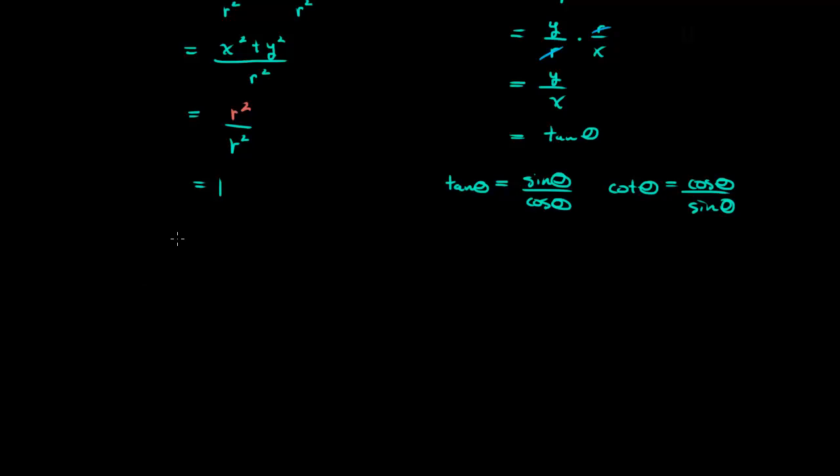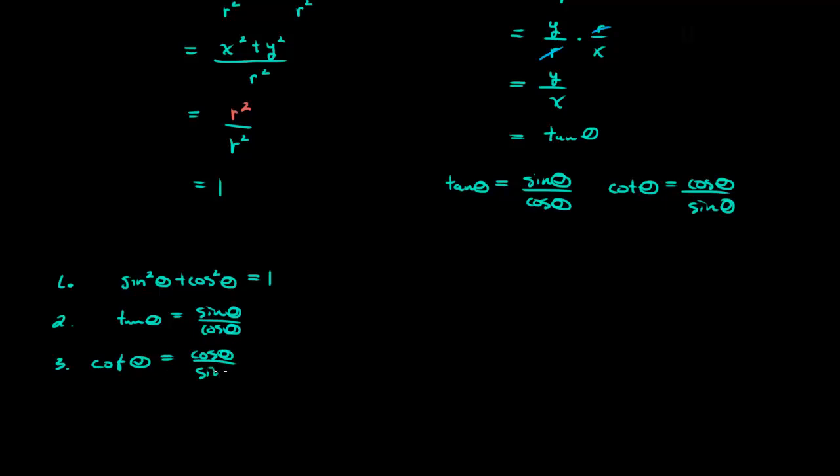So let me just summarize what identities we have so far. We know that sine squared theta plus cos squared theta is equal to 1. This is one identity that we're going to use. We also know that tangent of theta is equal to sine theta divided by cosine theta. That's one that we just showed. And we know that cotan theta is equal to cos theta over sine theta.